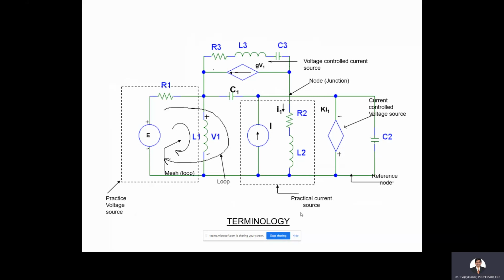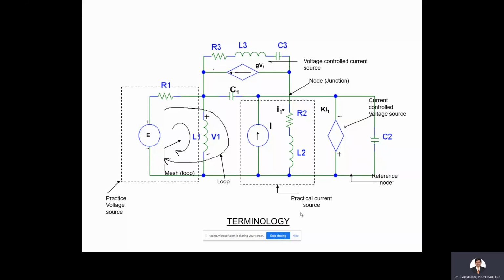One is called a voltage controlled current source, where the current is controlled by a voltage. Where is that voltage? It is the voltage across L1. That means this current depends upon the voltage across L1, that is V1. Therefore, it is called a dependent current source.